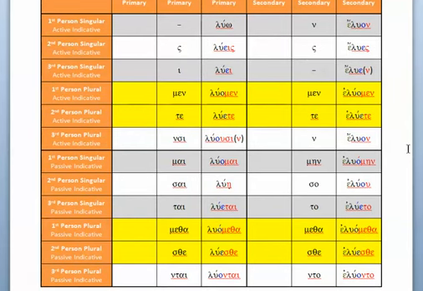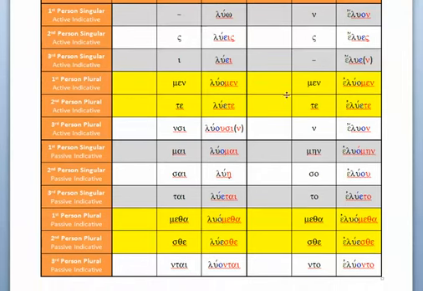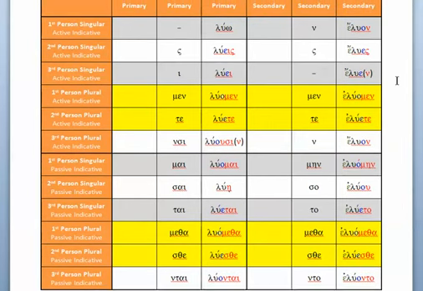So that hopefully is a big help to you to recognize that really the only difference between the left and the right is that augment, because again, the difference between the primary and the secondary in every case is simply that secondary has the augment. Primary doesn't have the augment. Secondary has the augment. So secondary, you're adding one to the primary, and that one that you're adding is that augment. So, like I said, if any of those ideas help you remember, great.